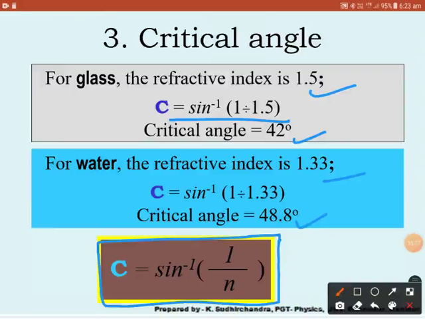If you want to use it for refractive index, you can use refractive index is equal to 1 by sine critical angle. Or if you want to find the critical angle, then you can use this relation, C is equal to sine inverse of 1 by refractive index.